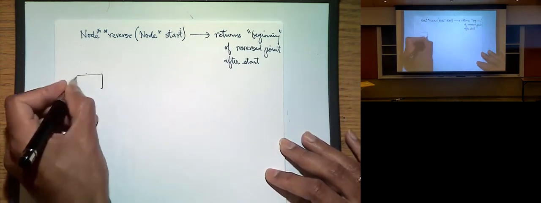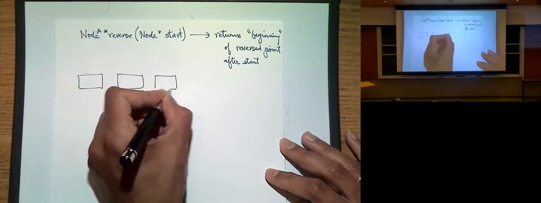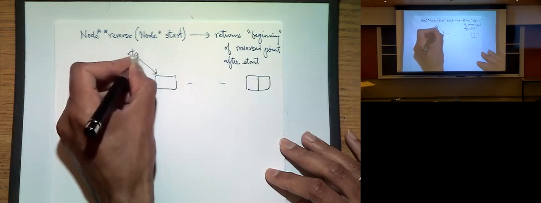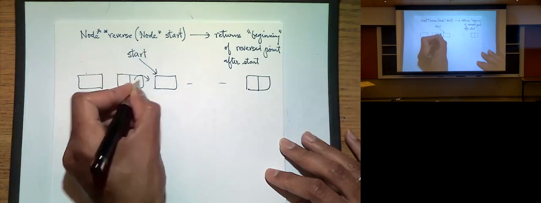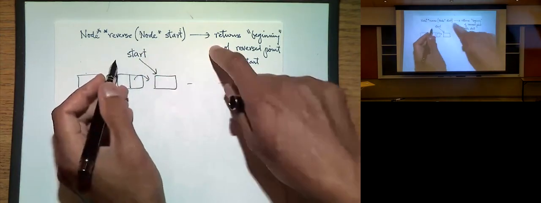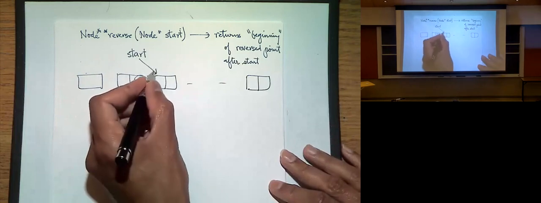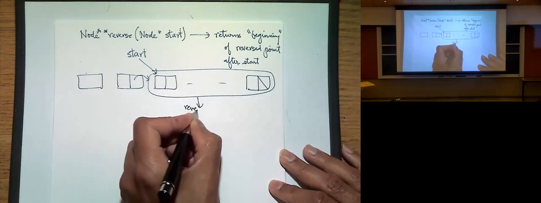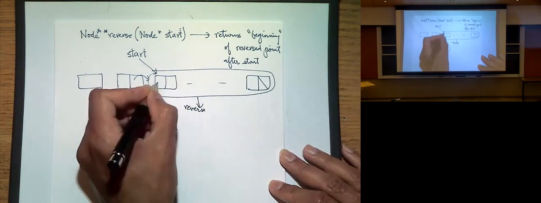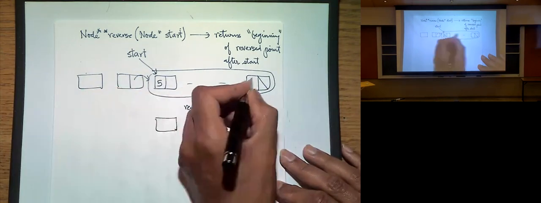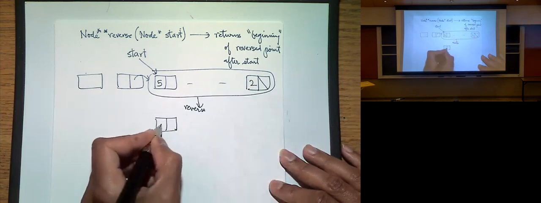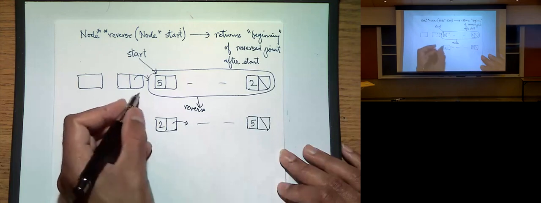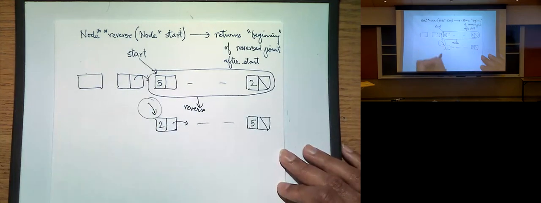Okay, I'll draw a picture here. Let's say that this is start. What this function is going to do is reverse that. So if this node is 5 and that is 2, it will reverse that and then give you this pointer.